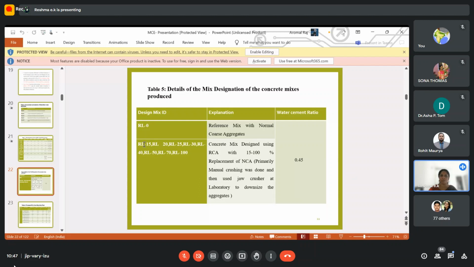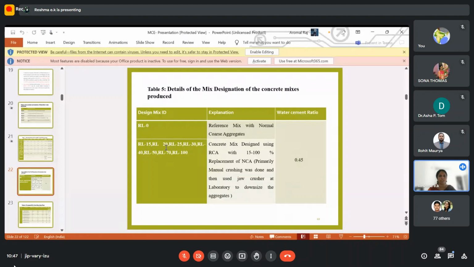For my further studies, I've used the aggregates only from source 5, not from any other source. And this is the mix which I have done. RL 15 means it is 15% replacement.